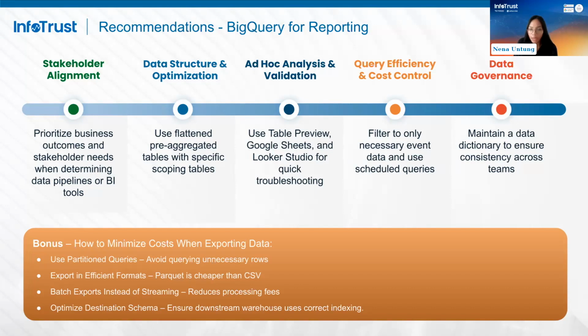You should also use the ad hoc analysis and validation tools as you're querying the data, using the features that are readily available, for example, the table preview or the Looker Studio direct connector to BigQuery. You should also consider filtering to only necessary events, as well as using scheduled queries to make sure that you are more efficient with your queries and controlling your costs.